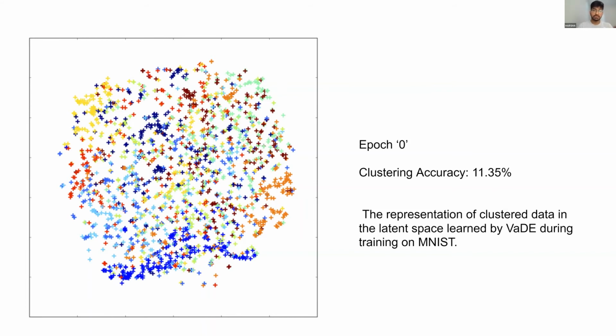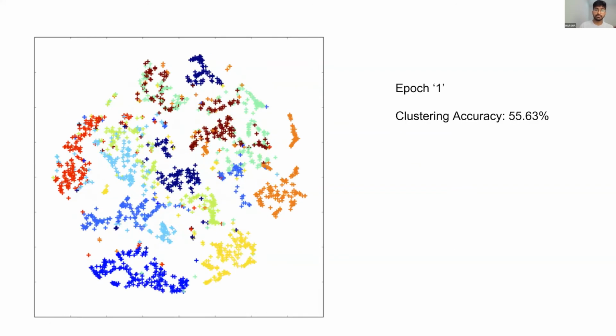This is the initial state at epoch 0. The clustering accuracy at this point is 11.35%. As you try to increase the number of epochs, the representation becomes much better. For one epoch, the clustering accuracy is 55.63, and you can move on.